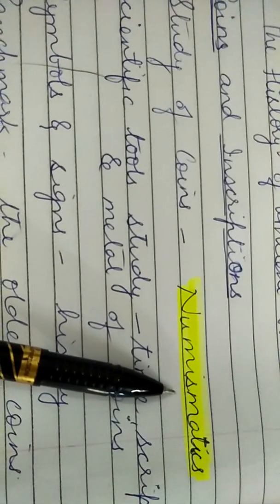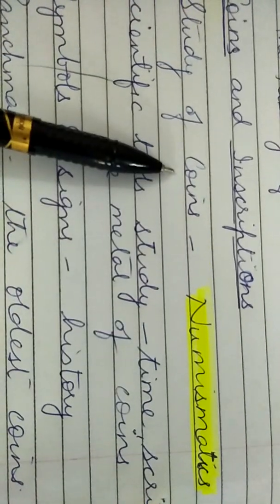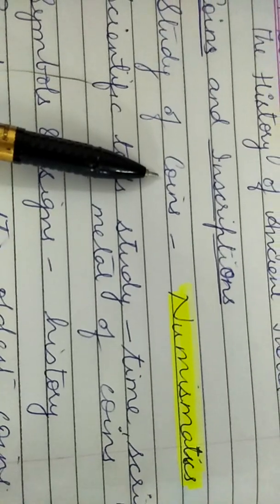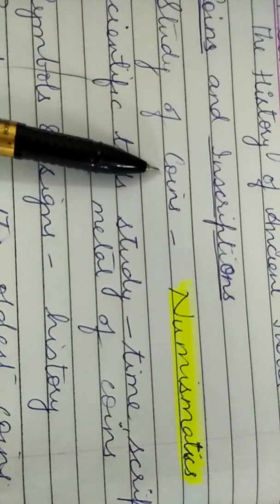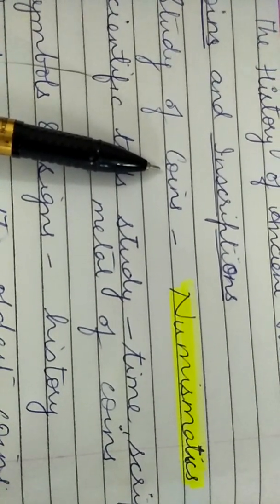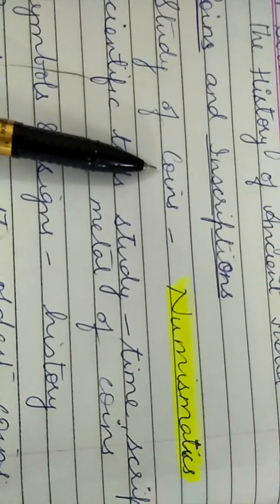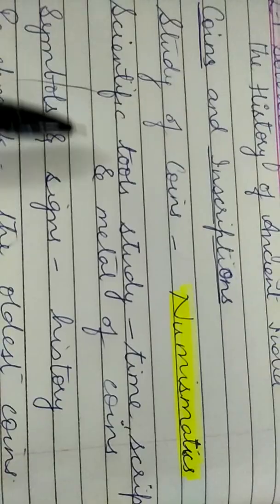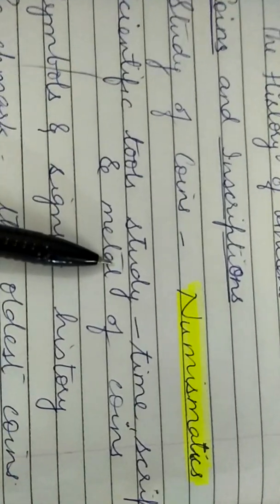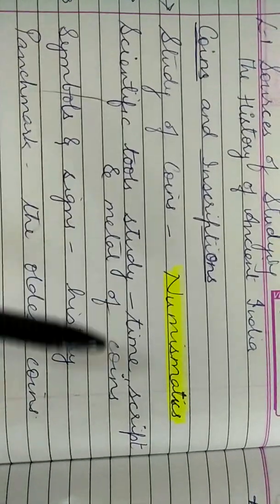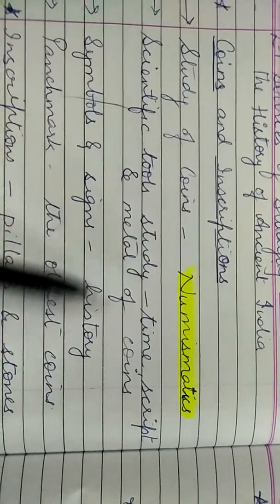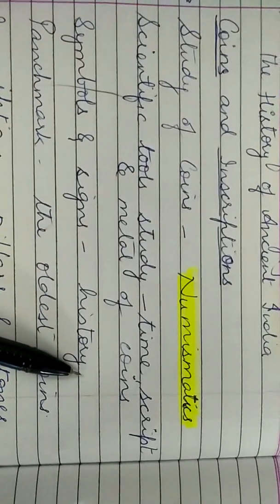This is a type of study which tells about the history of coins, how old the coins are, at what time they were formed, and the use of the metals. Scientific tools study all these things. It tells about the time, the script, and the metals of the coin.